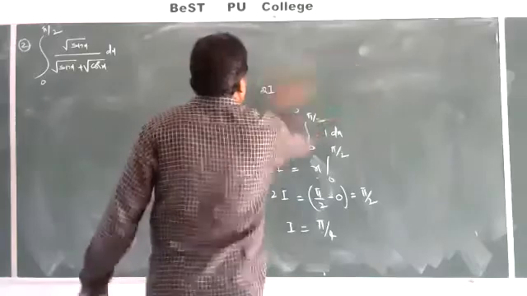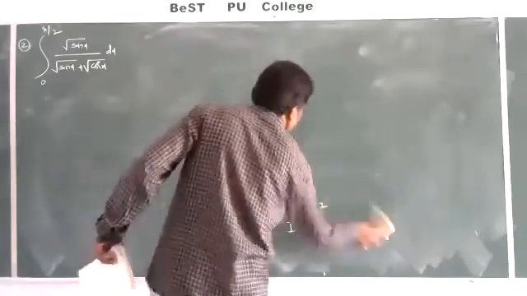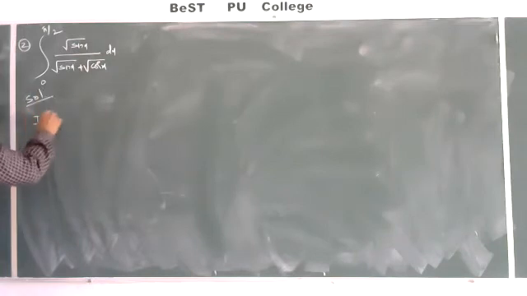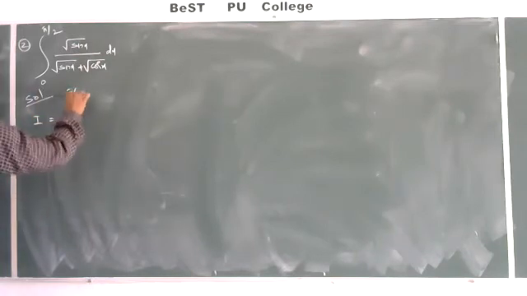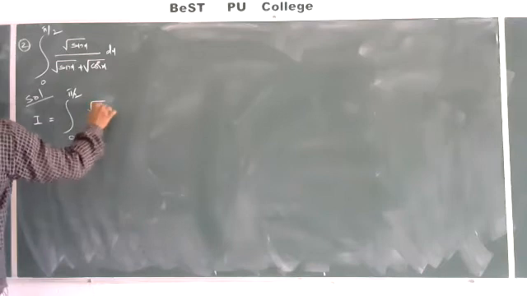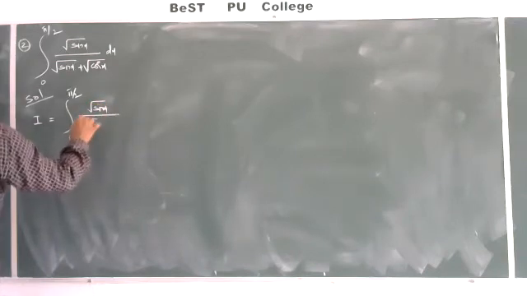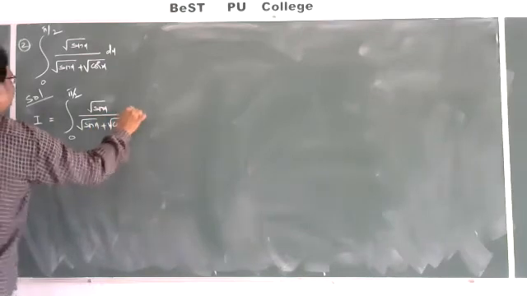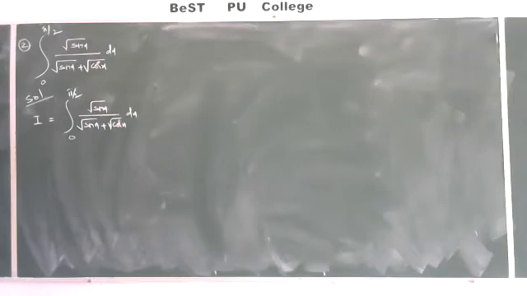First you consider the given integral as I. Solution: I is equal to integral 0 to pi by 2 of root of sin x by root of sin x plus root of cos x dx. So using the property, integral 0 to a of f of x dx is equal to integral 0 to a of f of a minus x dx.